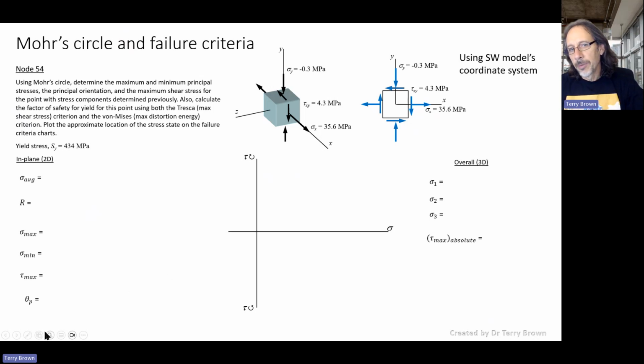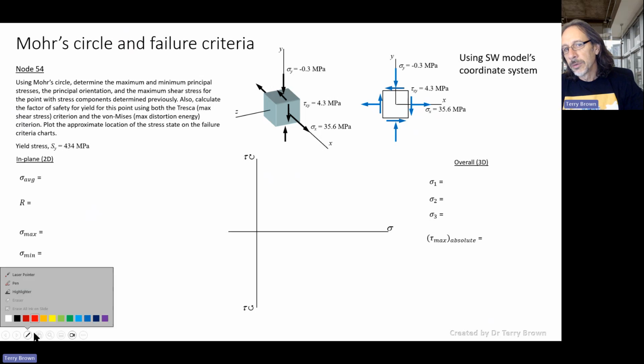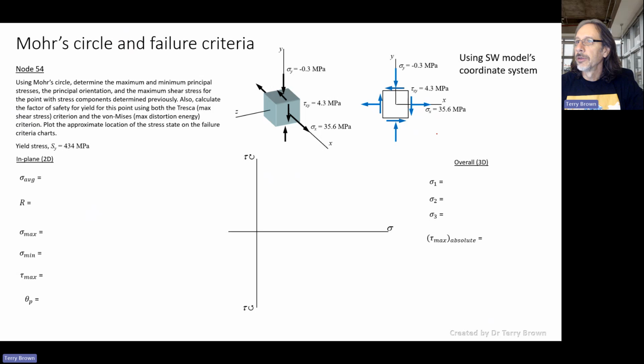I might grab my pencil here for this little bit of exercise. Pen, right? Where is it? There it is. So we need this pair of stresses and this pair of stresses. Basically we're going to plot a point with some coordinates.